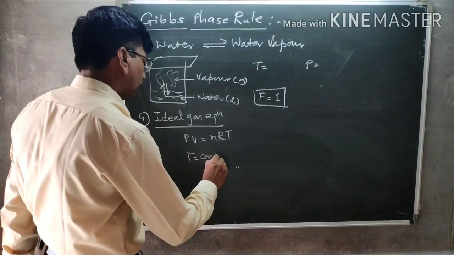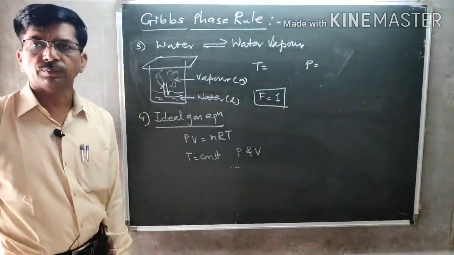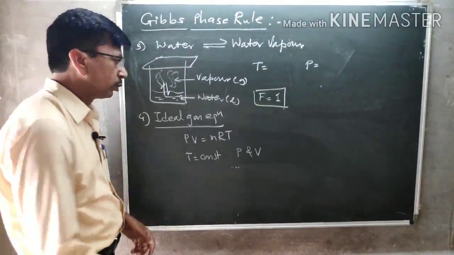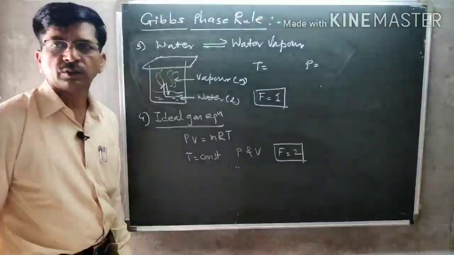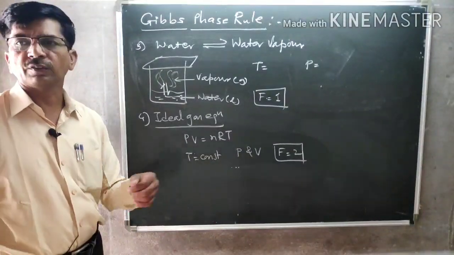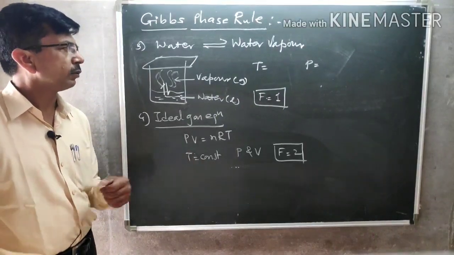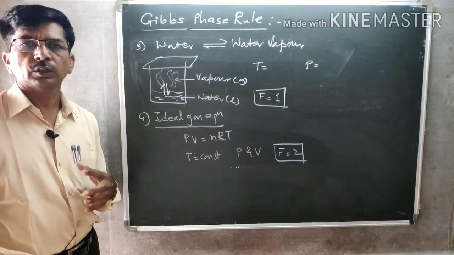Suppose we keep temperature constant and we vary pressure and volume, or we keep pressure constant and we vary temperature and volume. So in this case, the number of variables or variance is 2, and hence the degree of freedom is 2 in this case. So many examples are there which can justify the variance in the system. Okay, we'll stop here.